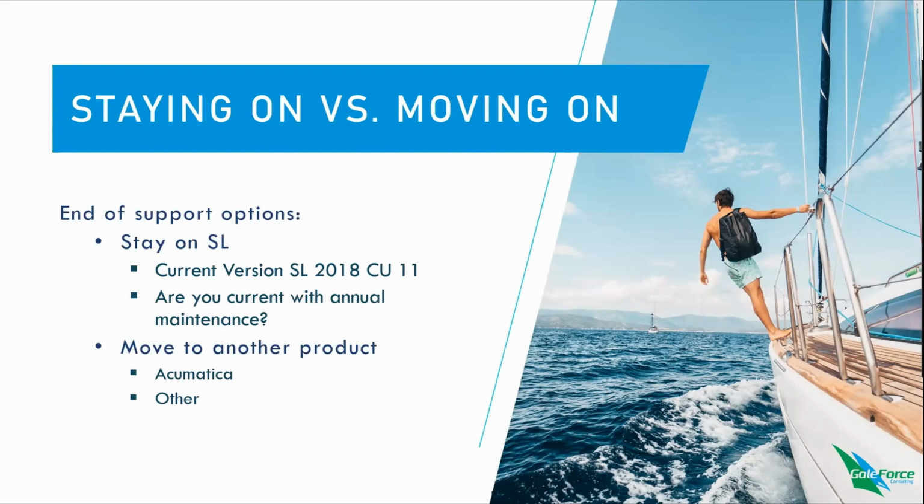Again, if you're not current on maintenance and you're on 2015, 2011, whatever, you're basically stuck. You'd have to repurchase SL 2018 to get there. And if you're going to do that, you might as well take the alternative and go find another product if you really want to move up in the world and become more technology forward.